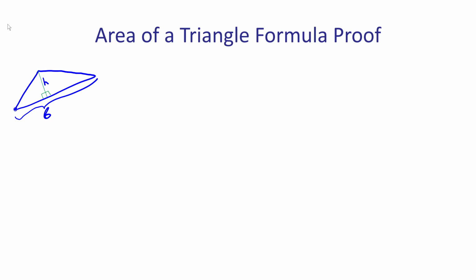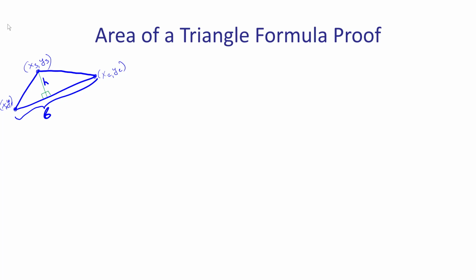This corner will be point x1, y1. This corner will be x2, y2. And this corner will be x3, y3. Those 3 points are given on the triangle, and you want to compute the overall area of the triangle.